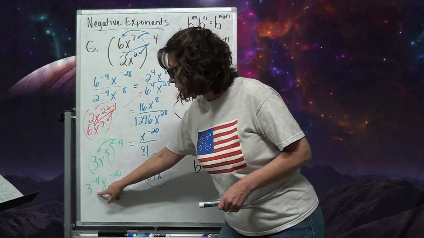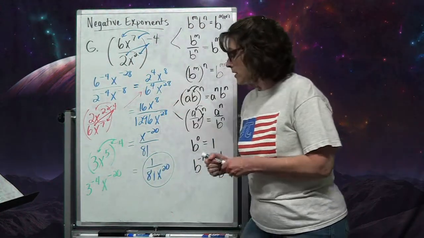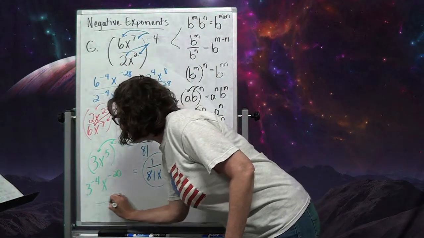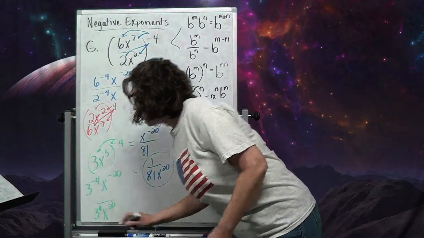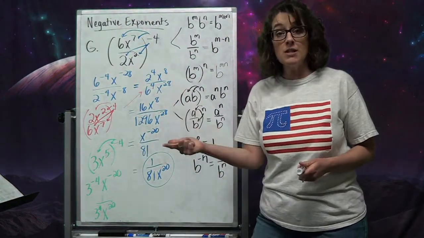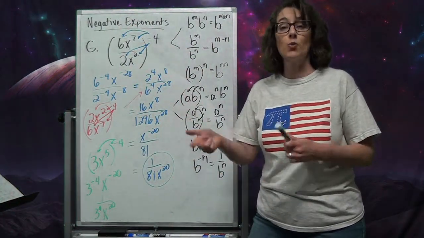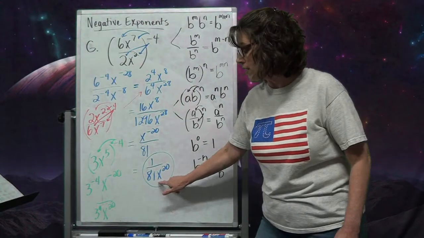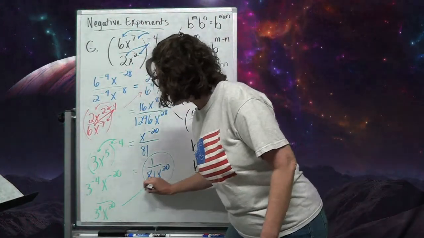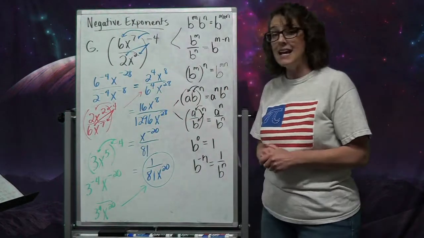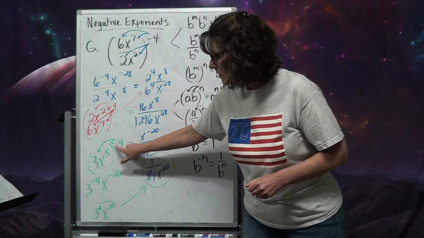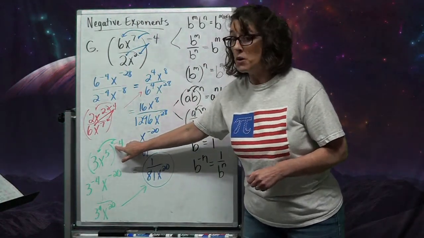When you shove that 3 to the -4th down to the denominator, you'll get 1 over 3 to the 4th, x to the 20th, and 3 to the 4th. 3 times 3 is 9, 9 times 3 is 27, 27 times 3, sure enough, right there, 1 over 81, x to the 20th.